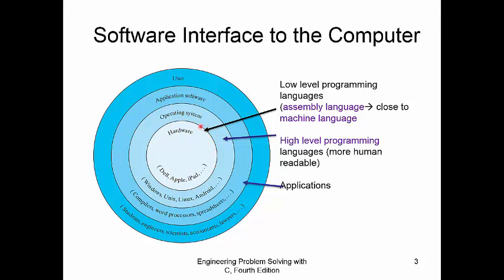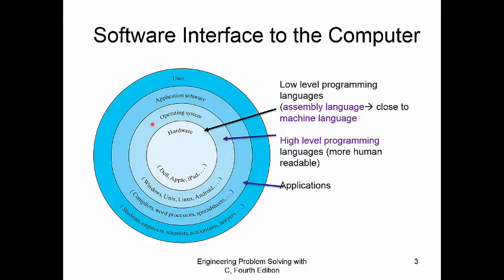Assembly language code can talk directly to the hardware inside your computer. It is very close to what we call machine language. Machine language is literally the ones and zeros stored in your computer and in memory. But it's not literally ones and zeros, it's actually transistors that are turned off or turned on. That's how it makes a 1 or a 0. So assembly language is very low-level programming, and I'll show you an example in a moment.